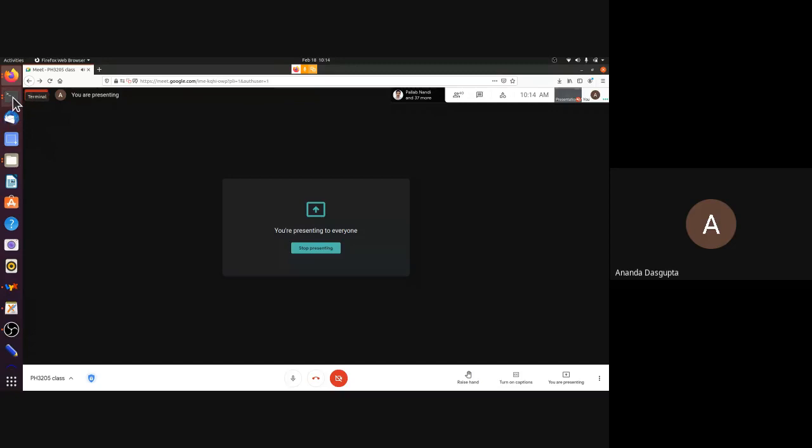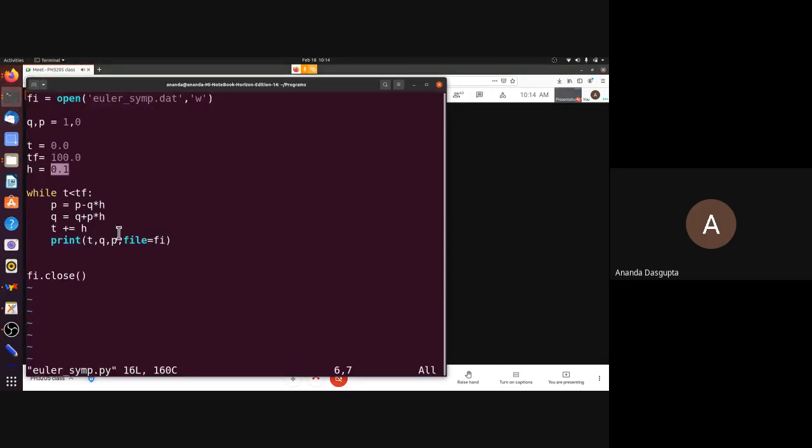By the way, this is not the end. What we have done here is this one. The second code is not the endpoint method, right? We have already studied the endpoint method earlier, which is where you take the derivative at the beginning and you take the derivative at the end.